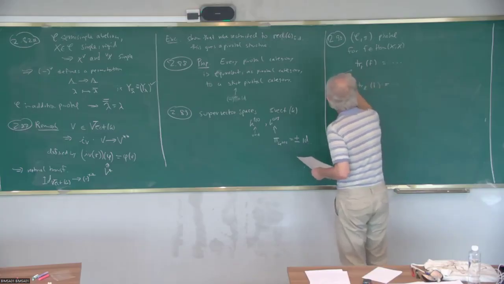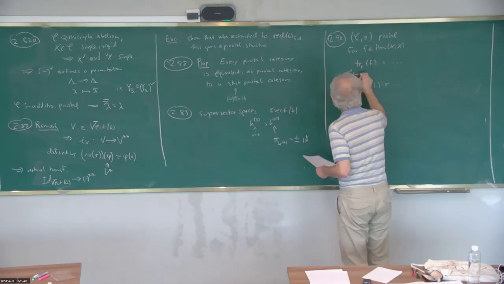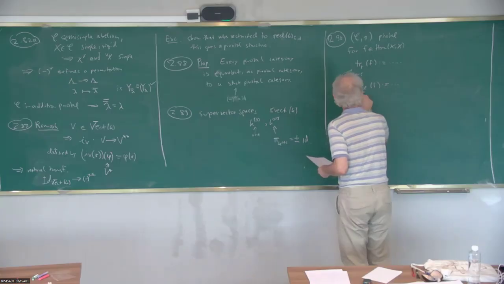This is called the right trace, and this is called the left trace of the morphism F.